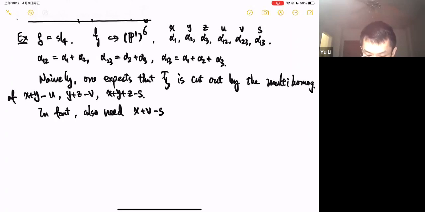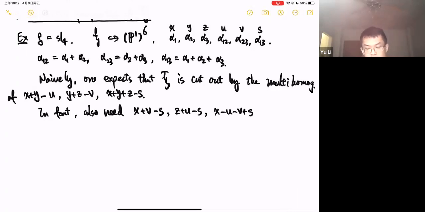So this is alpha 1 plus alpha 2,3 equals alpha 1,3. Okay, I also need z plus u minus s. I also need y minus u minus v plus s.